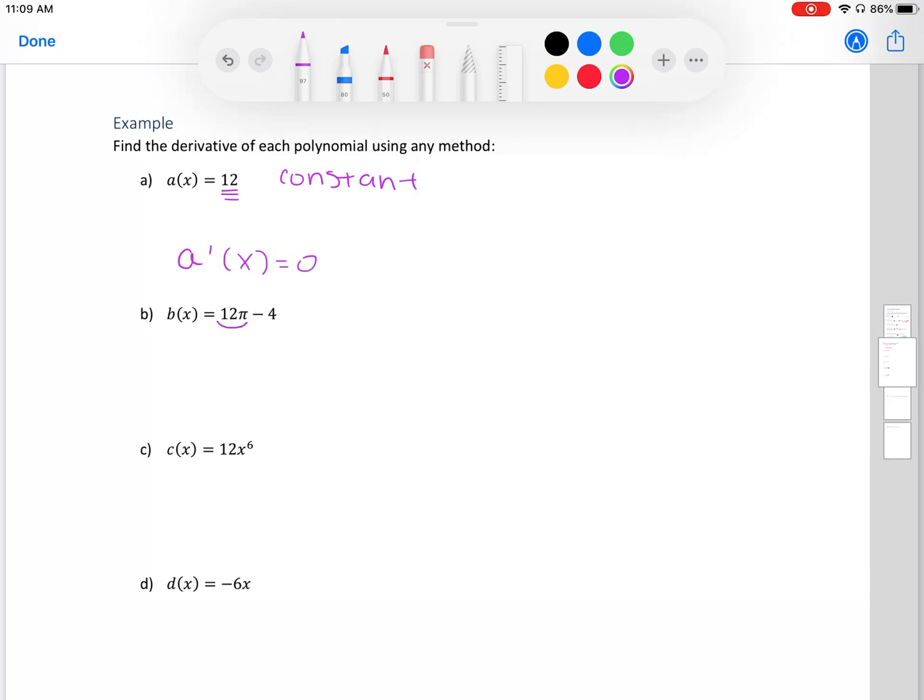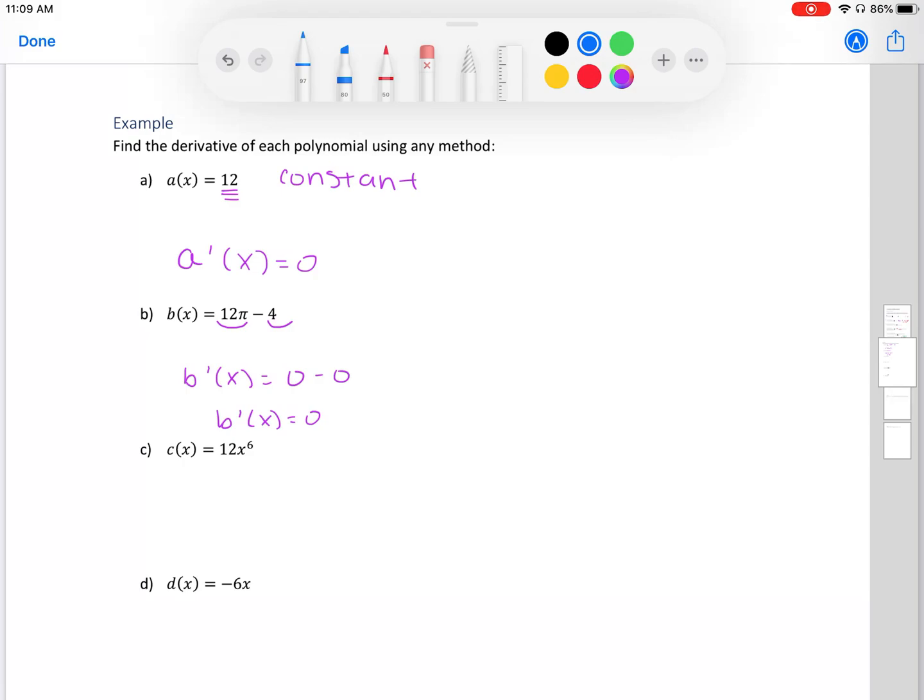I can take the derivative of each one separately, but we know that each constant is a 0. And pi is a number, right? So b prime of x is 0 minus 0. So b prime of x is just 0.